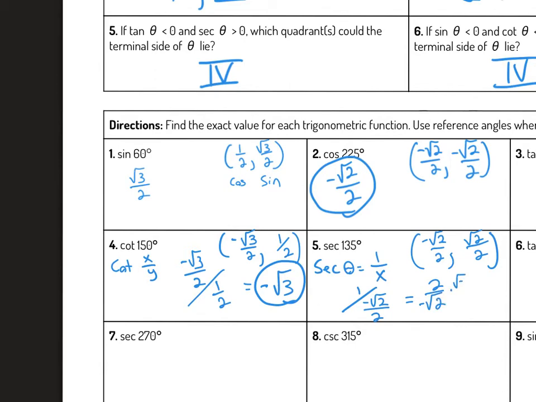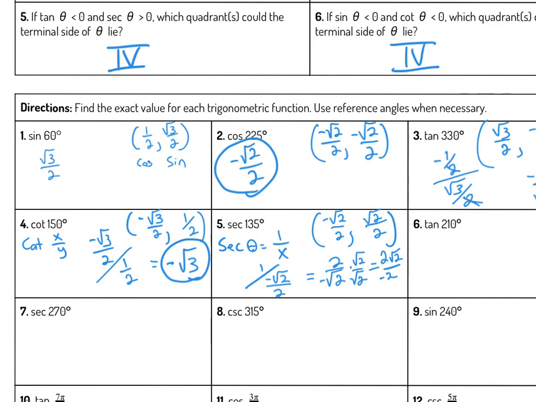Now I have to rationalize this. It becomes 2 times the square root of 2 over negative 2. That reduces to just negative square root of 2. And that's what that secant is. So I'll write it again inside so you can see negative square root of 2.